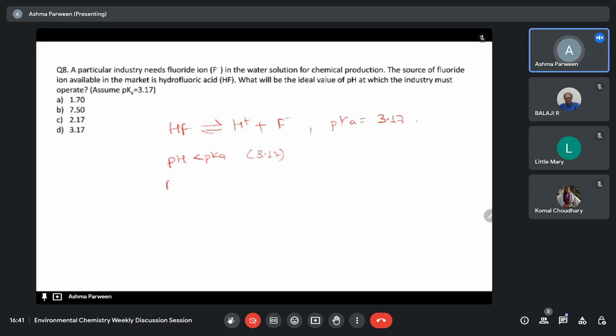But if pH is greater than the pKa value, that is 3.17, then most of the HF will dissociate and be in the form of fluoride ion. Since the industry needs fluoride ion, it should work at pH greater than 3.17. So out of all these four options, only pH 7.5 is above 3.17. So option B will be the correct option.